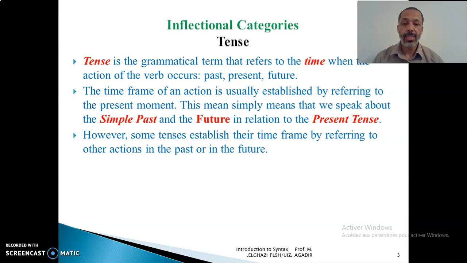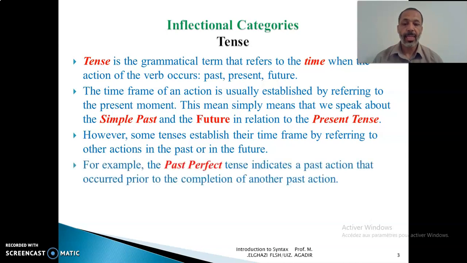However, some tenses establish their time frame by referring to other actions in the past or in the future. For example, the past perfect tense indicates a past action that occurred prior to the completion of another past action. So it is the past, in other words, it is the past of the past.